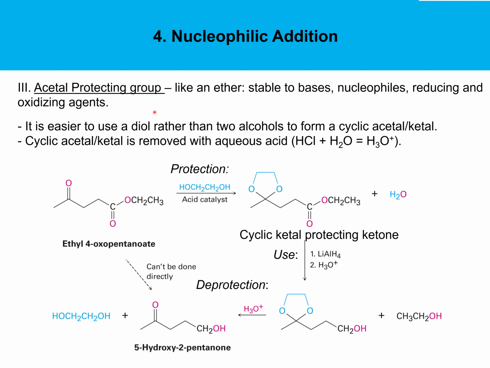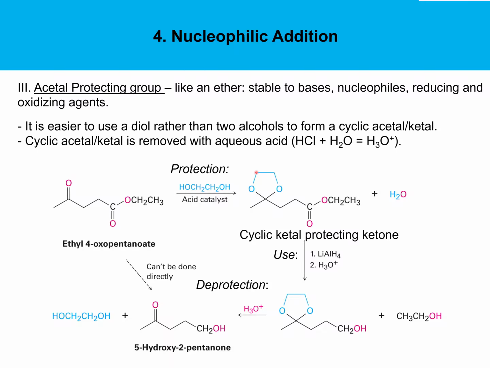Here's an example using this ester that also contains a ketone. If we add a diol and an acid catalyst, we can make an acetal from the ketone. Notice that we don't do anything to the ester in this reaction. Now, in predicting the product, we want to look at the diol we're using. This one has two carbons.